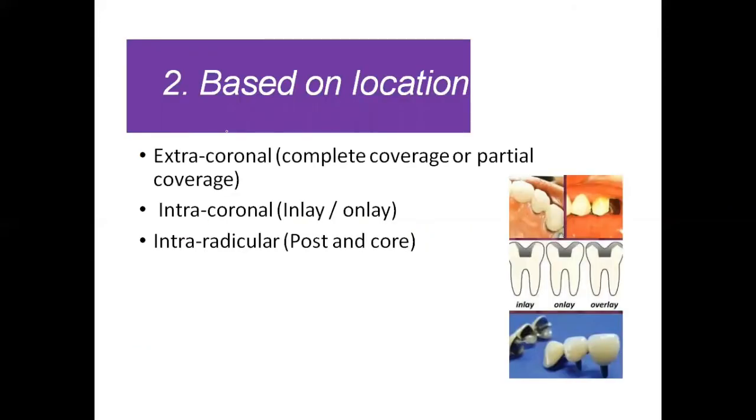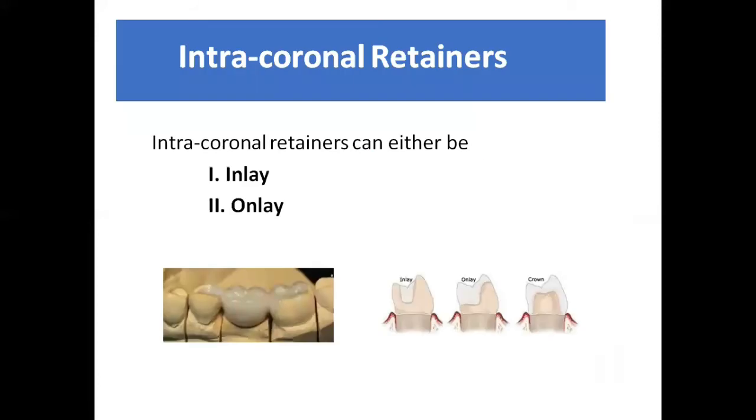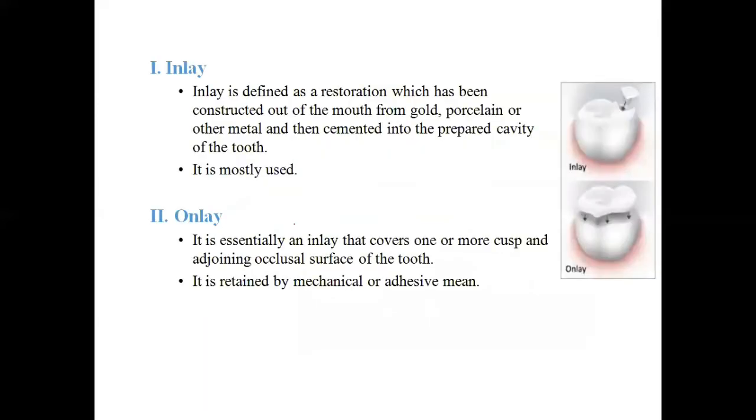Now come to classification based on the location: extracoronal, that is complete coverage or partial coverage; intracoronal, inlay, onlay; intraradicular, post and core. So, inlay and onlay are mostly covered in case of intracoronal retainers.